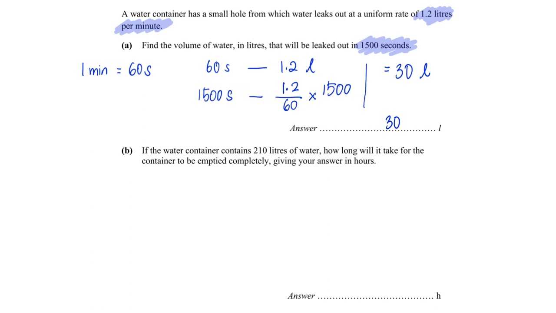And if the water container contains 210 liters of water, how long will it take for the water container to be emptied completely? Final answer to be given in hours. Well, I do know that from part A, 30 liters of water is represented by 1,500 seconds.